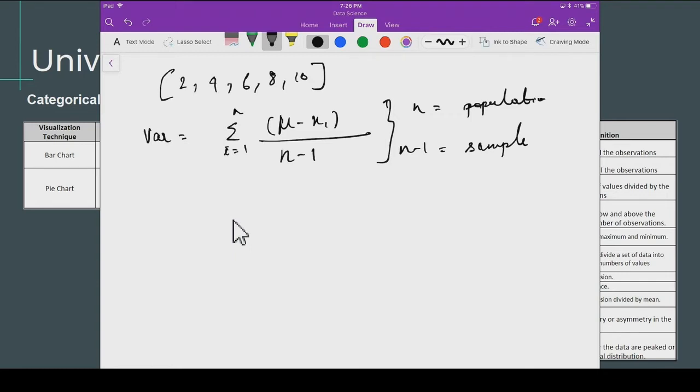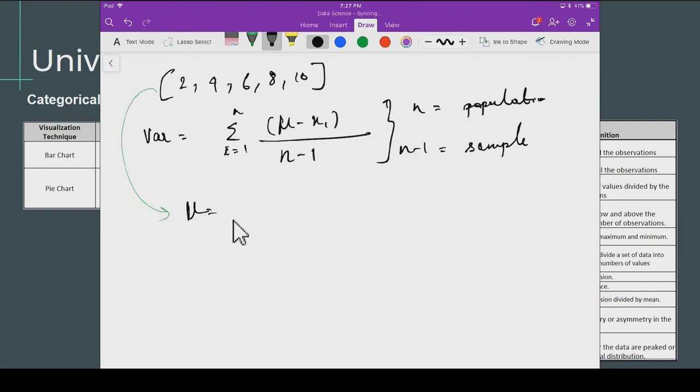So let's do the math to calculate the variance for the simple sample. Putting these numbers into the equation, we first need the mean. The mean is a simple addition of all the numbers divided by the total number of elements.